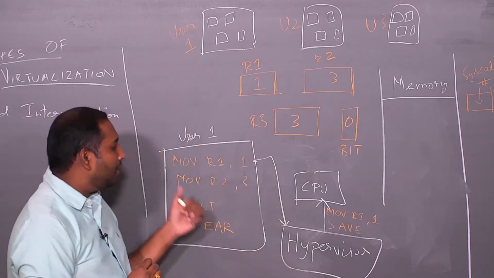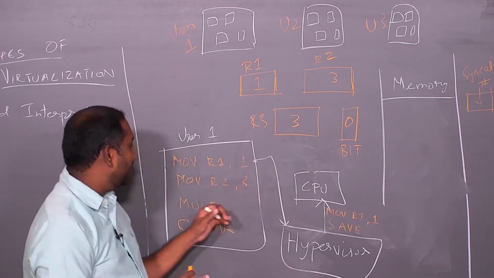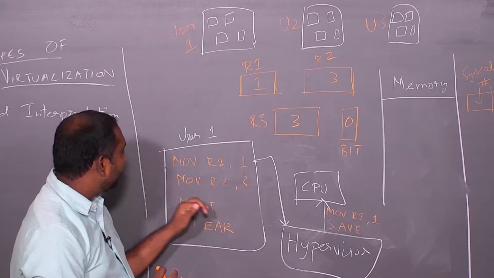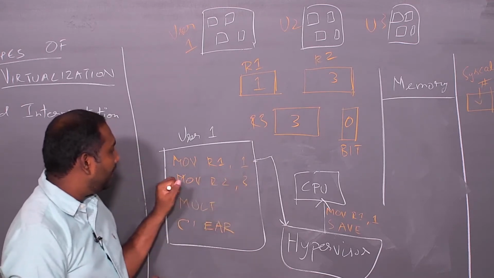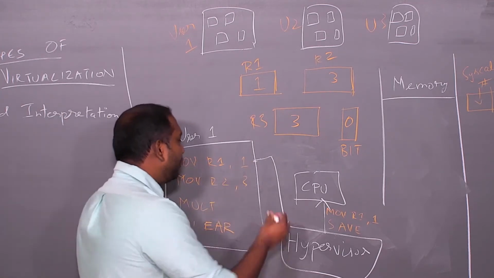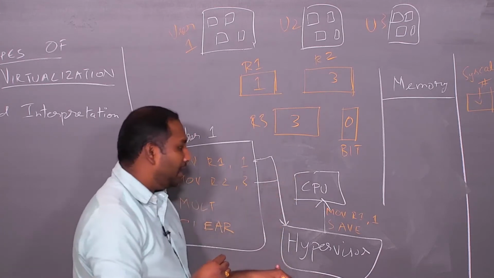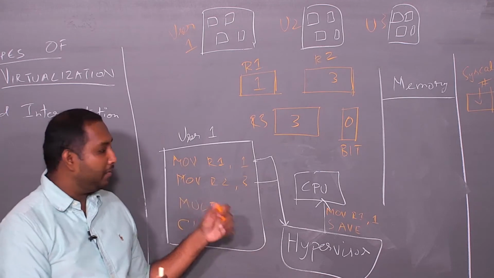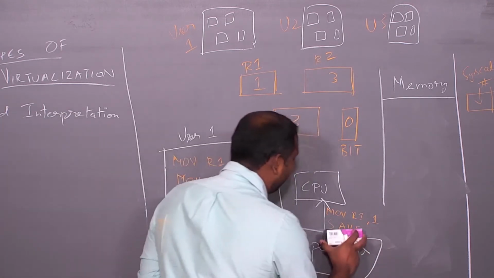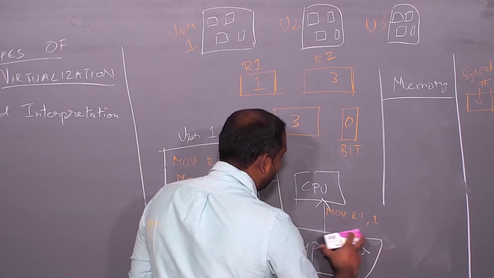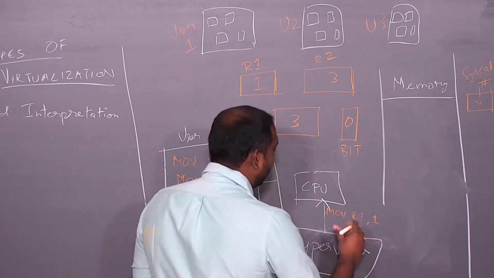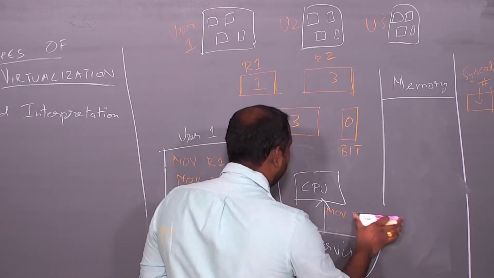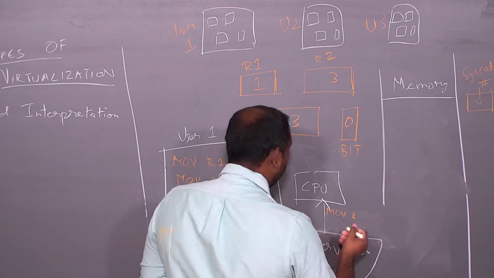Okay, so at this point we are good, and the next instruction that the user tries will have to go through basically the same thing. It comes to the hypervisor. Now the hypervisor knows that nothing else has interfered in between, so we don't have to do save, right? We can just run the instruction directly.